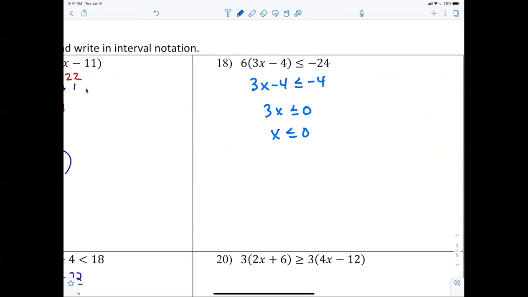Negative infinity to 0, bracket. Anybody have any questions on that? Anybody? Yes.